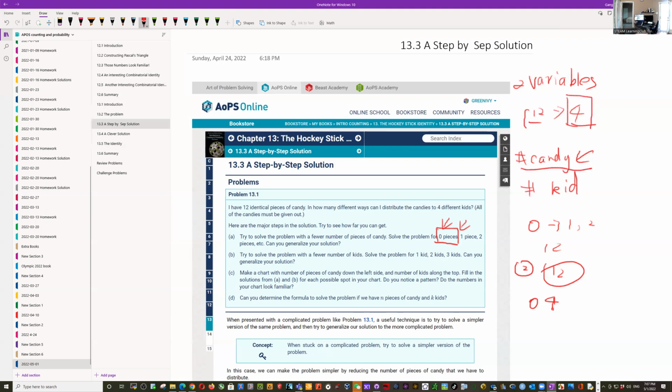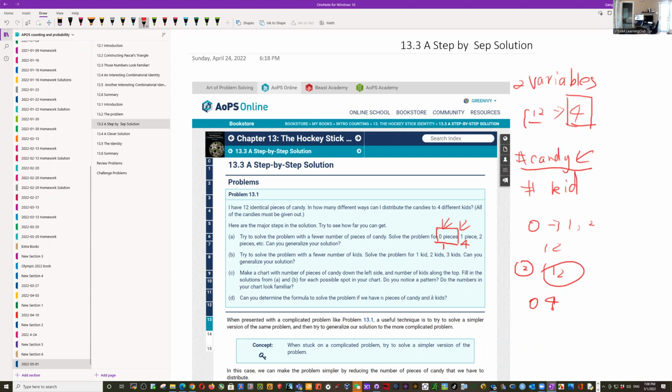Kid 1, 2, 3, 4. So you have 4 ways to distribute the candy. Then let's see the 2 pieces. So 0 piece is 1 way, 1 piece is 4 ways, and now the 2 pieces.